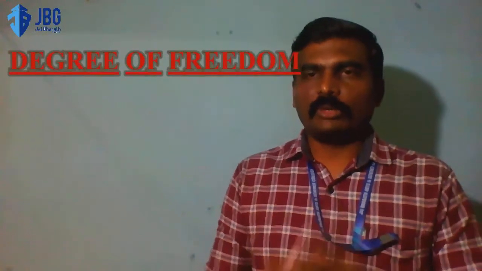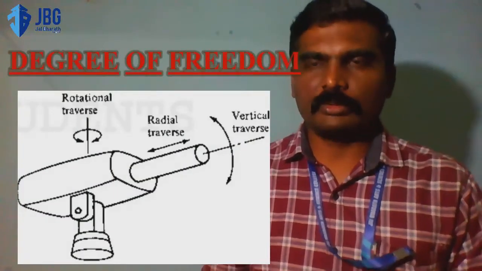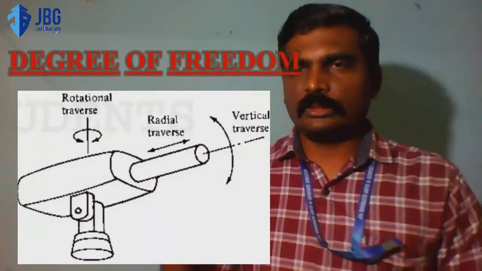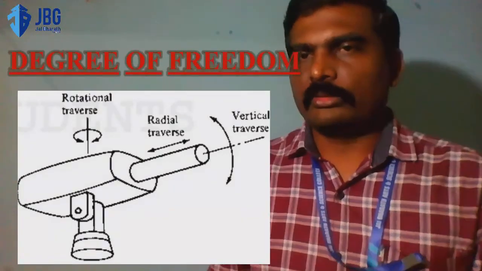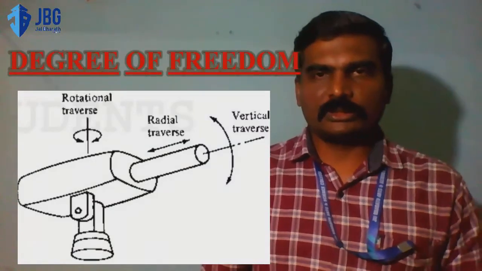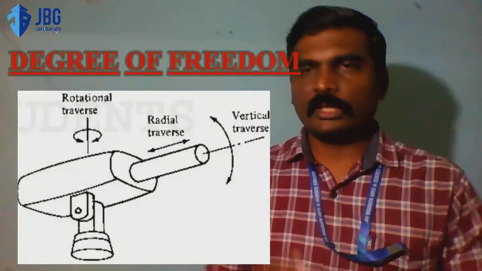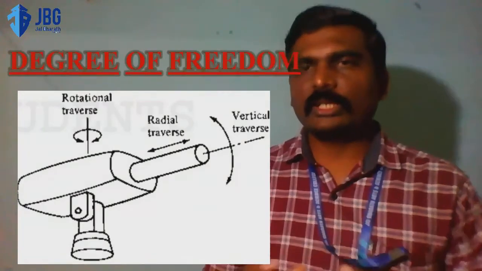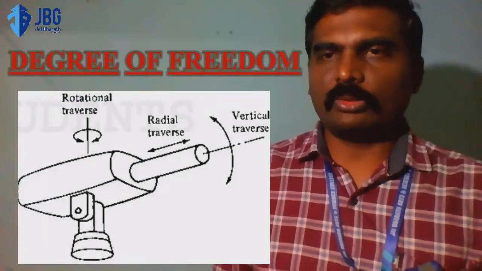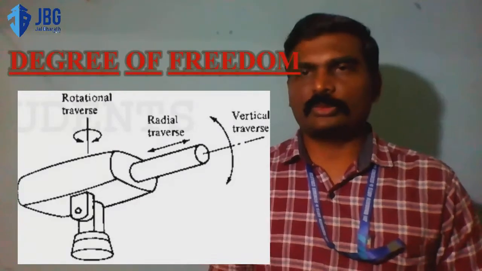Let's take the degrees of freedom of a body or a robot arm. We can classify them into 3. You can see a figure there showing vertical traverse, radial traverse, and rotational traverse. In vertical traverse, you can move the wrist up and down in vertical attitude.